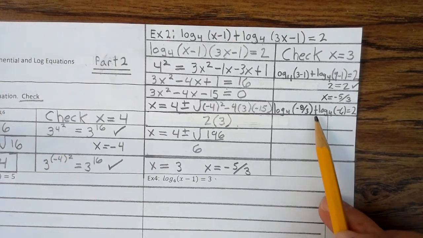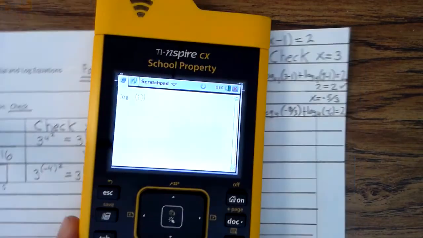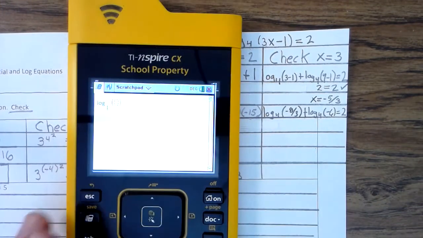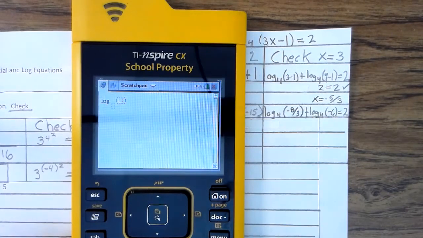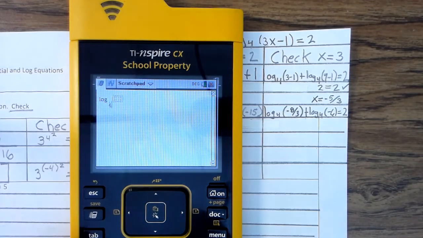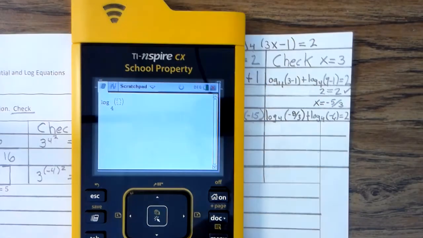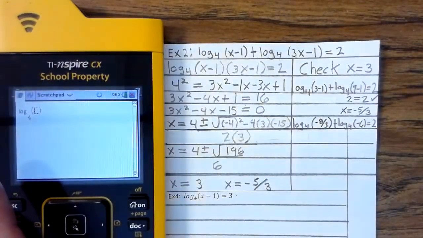So when you plug this into your calculator, let's put in a calculator. And let me adjust the brightness here. So log base 4 of... over here so we can see.